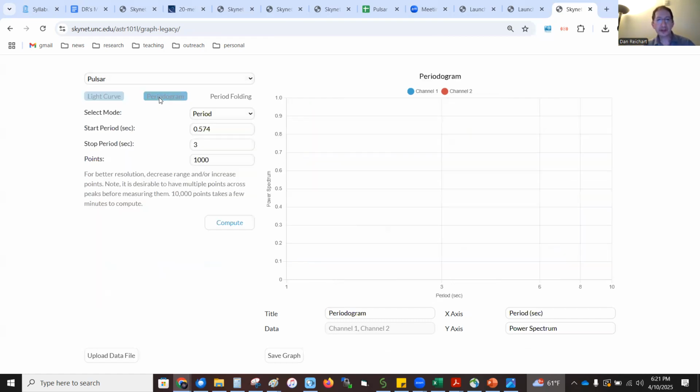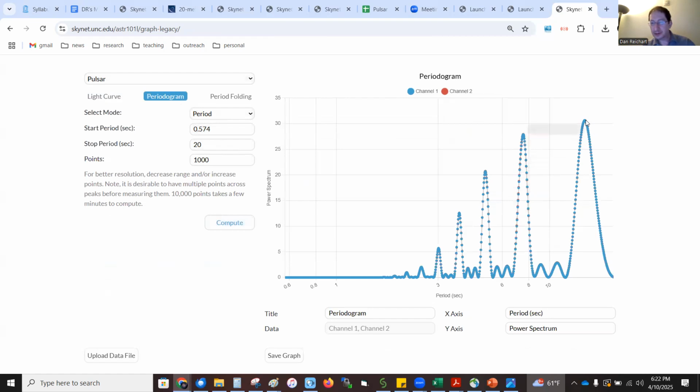Okay. Going to go to the periodogram and let's search out to, let's say, 20 seconds. So here it is. It's pulsing once every 14.7. Again, it's not really pulsing. We're passing over this source every 14.7 seconds.